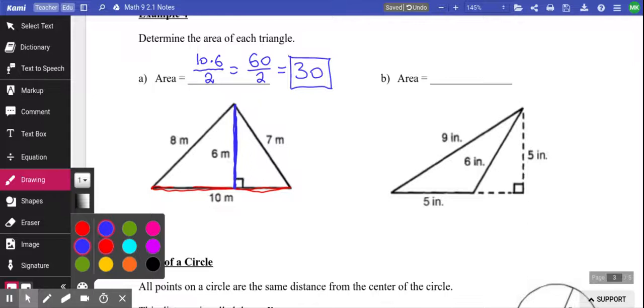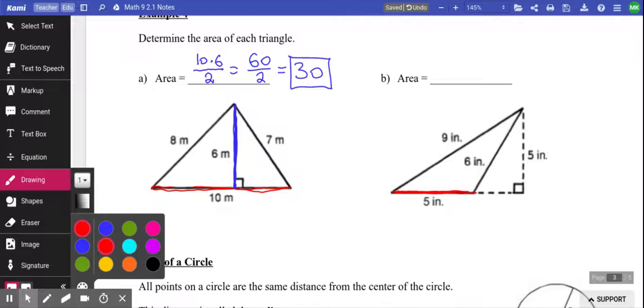B, that triangle looks a little bit trickier. It's hard to tell what the base or what the height is. If you're looking, the base is this guy that runs on the bottom. And the height is a little awkward because it's an obtuse triangle. Obtuse means that the angle is really big. It's bigger than 90.